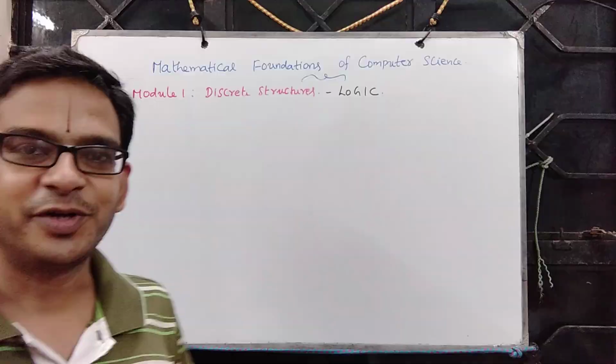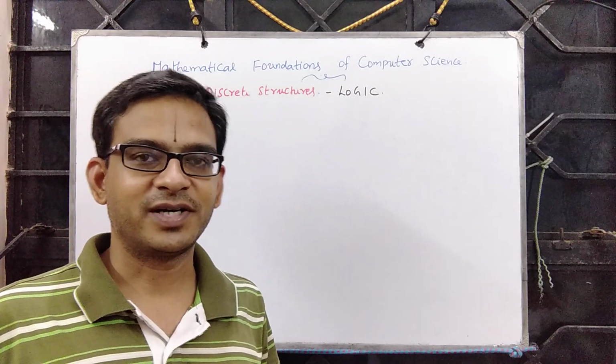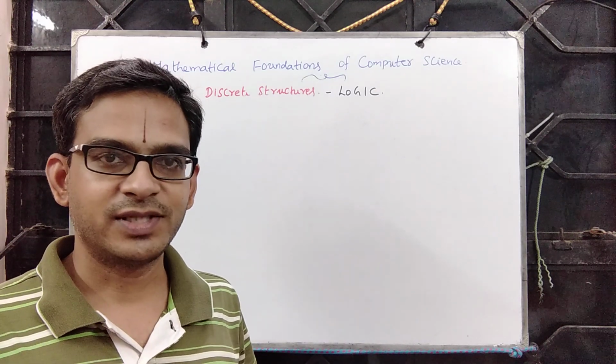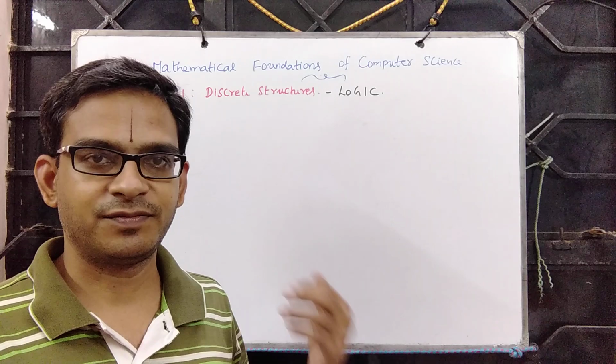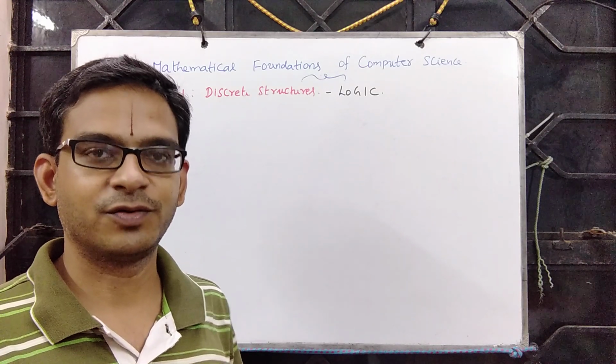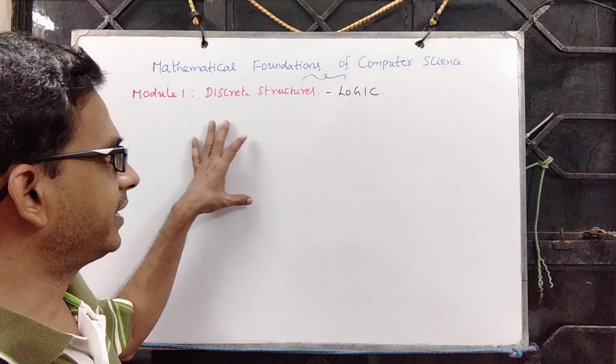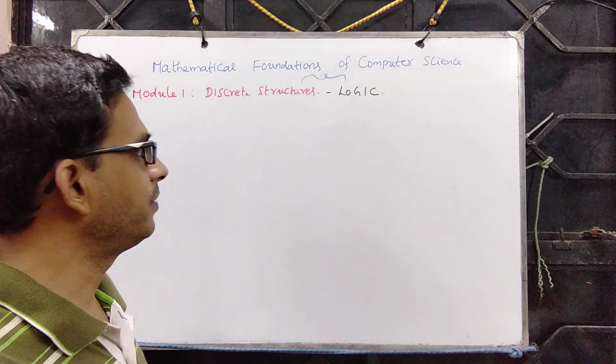Having seen the motivation for why mathematics in the study of computer science and the modules that we will be discussing as part of the course MFCS, Mathematical Foundations of Computer Science, let's get into the details of the first module.